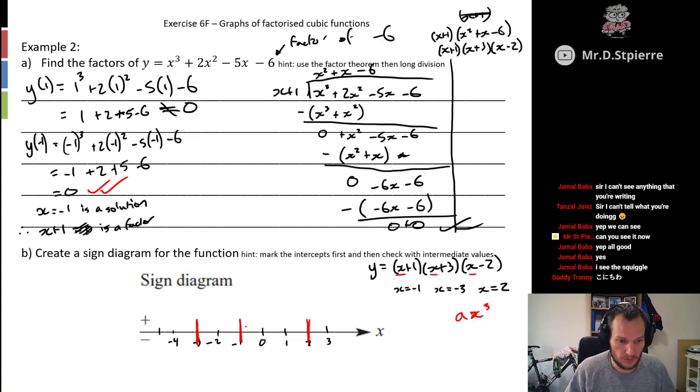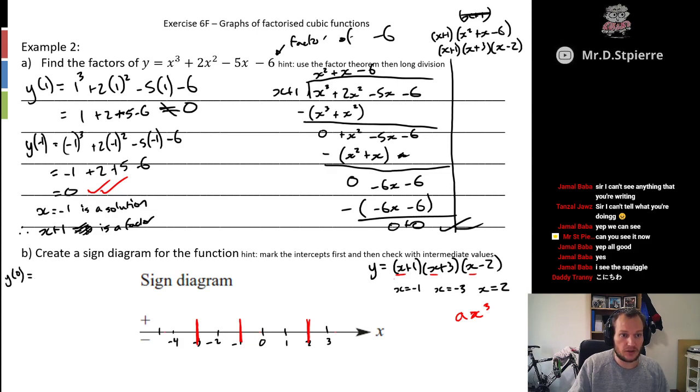But the purpose of using these sign diagrams is let's do a little bit of substitution, substituting a point in between each of the zones and finding out what the value is. Is it going to be positive or negative? So let's go y of 0. Let's start with that first up.